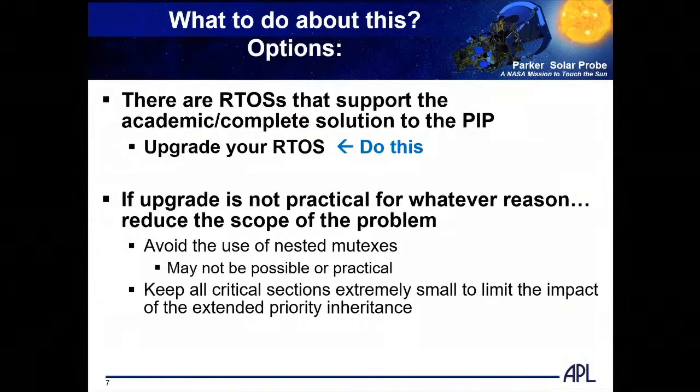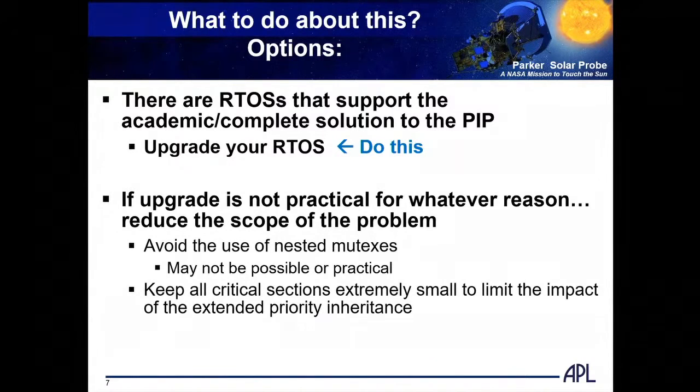So what do you do if your real-time operating system has that priority inheritance approximation? One thing you could do is try to upgrade your operating system, and I think that's probably the best decision in general, but sometimes other real-world circumstances would prevent you from doing this. Other things you can try: go through your software, this is not unique to flight software systems, and try to eliminate nested mutual exclusion semaphores.